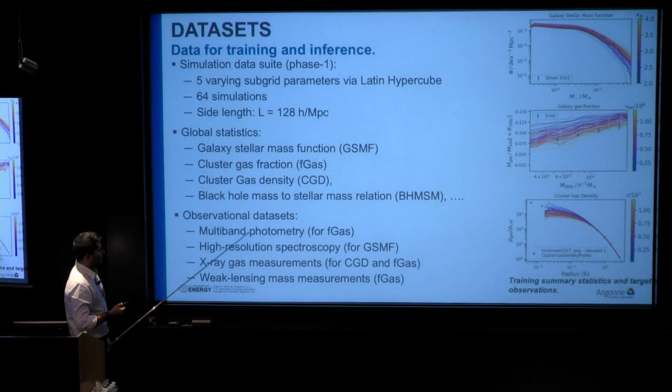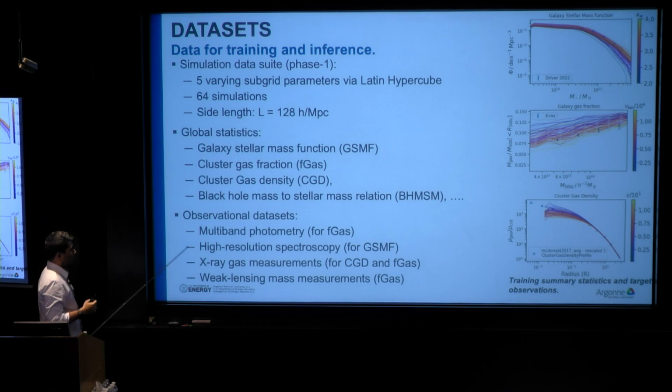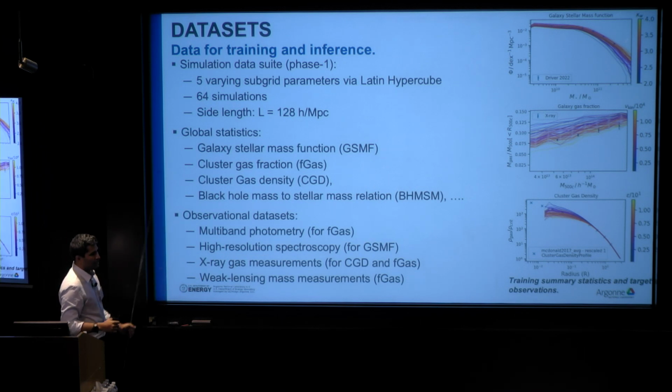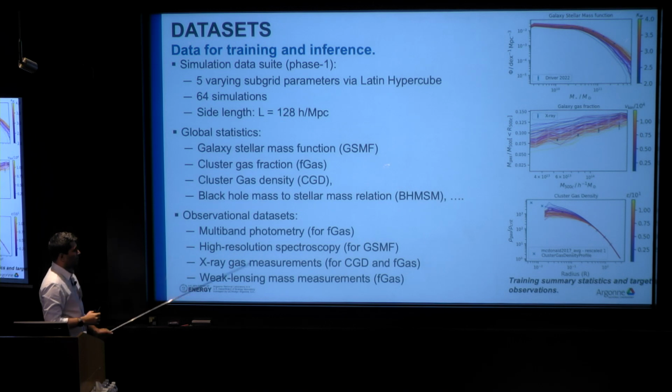And then comes the observational data sets. For mapping all this, we go across a whole bunch of different observations. From Sloan, we have multi-band photometry, which is used for the cluster gas fractions. For galaxy stellar mass functions, we use GAMA high-resolution spectroscopy data.